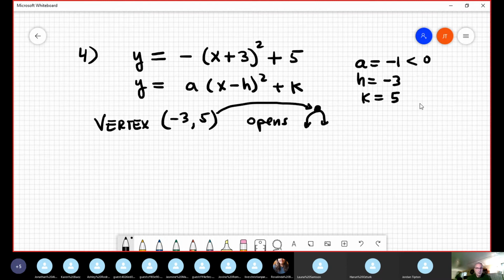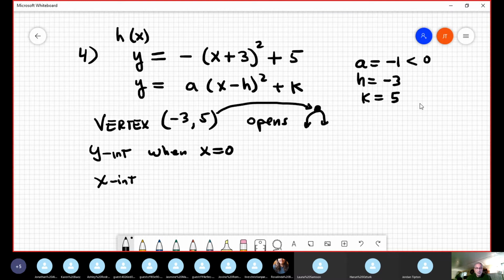One more piece of information we need: the y-intercept, and the x-intercepts. The y-intercept is when x is 0. We have no function notation, but if you want function notation because you are familiar, you put h of x, any arbitrary name.